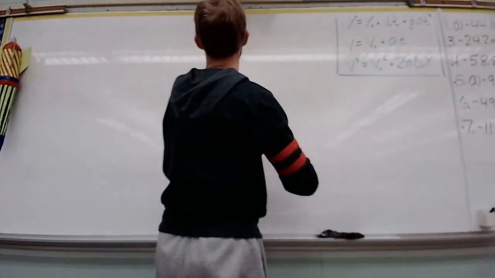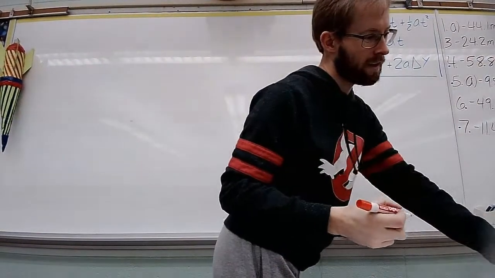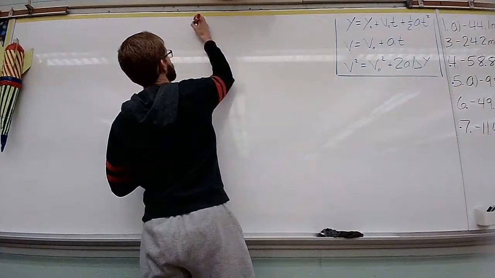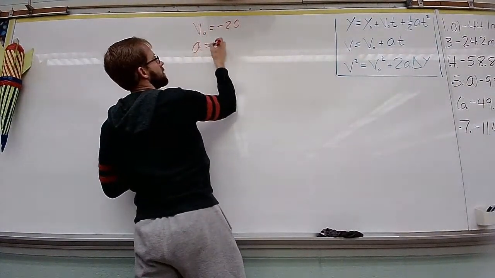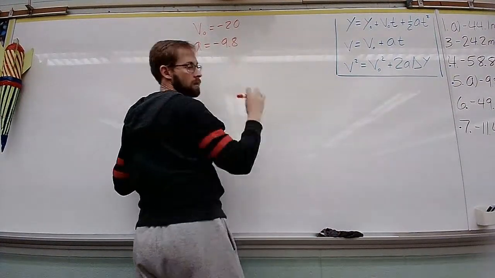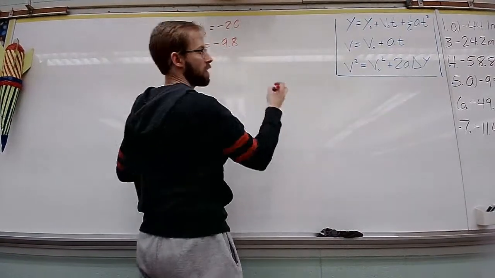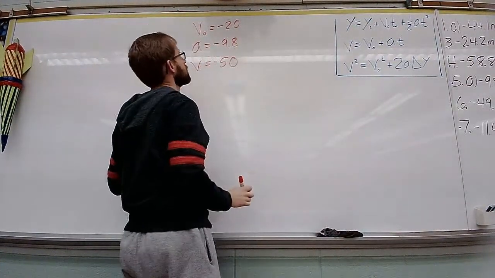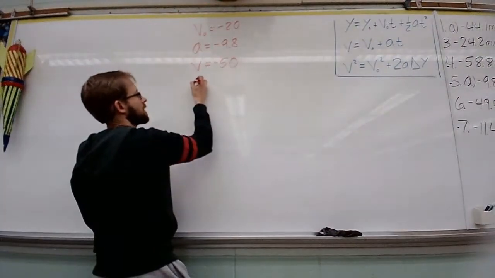We'll use red here. Now, again, original velocity is negative 20. Acceleration's negative 9.8. And we know our final velocity is going to be negative 50. And we're ultimately looking for time here.